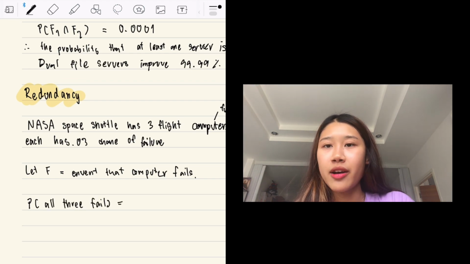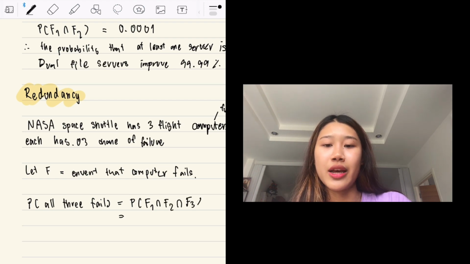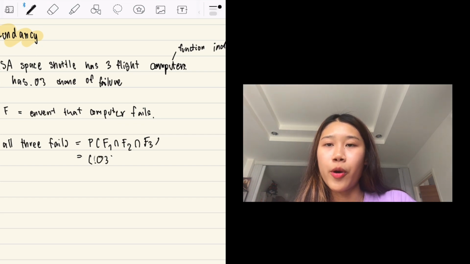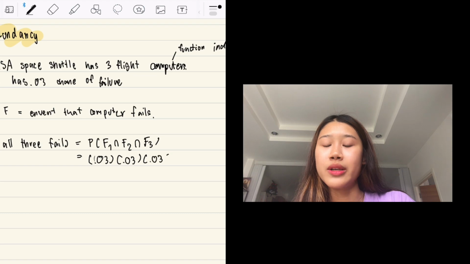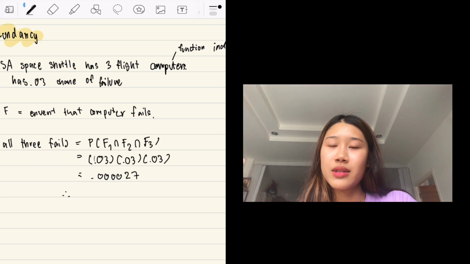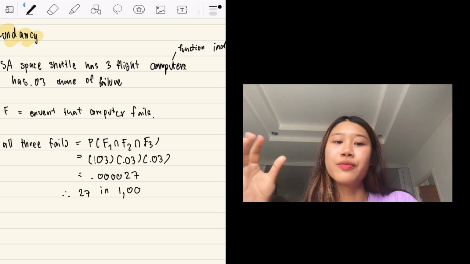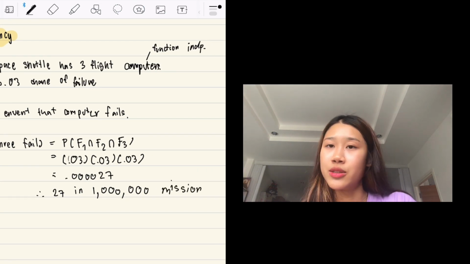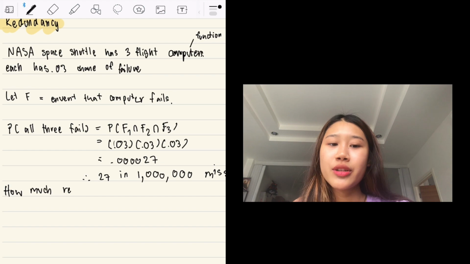It will be the probability of F1 intersection F2 intersection F3. So you will have 0.03 times 0.03 times 0.03. What does this mean? It means the probability of all 3 computers failing is 27 in 1 million missions. How interesting is that? So it comes to this question: how much redundancy is needed?